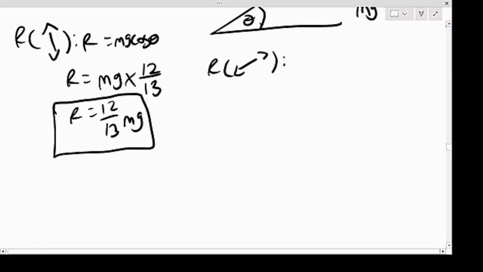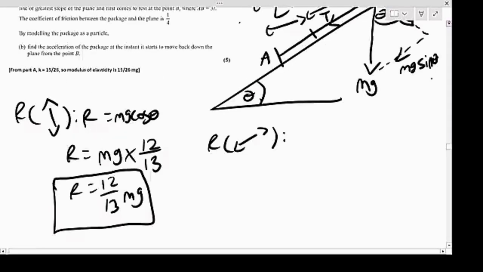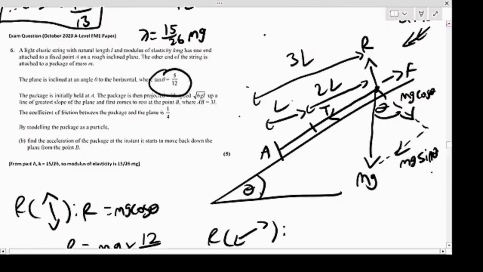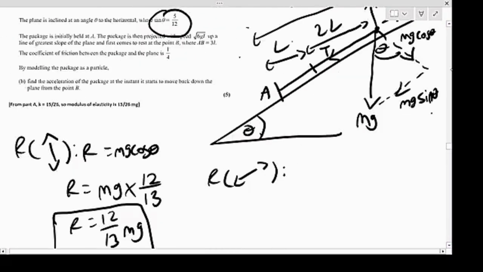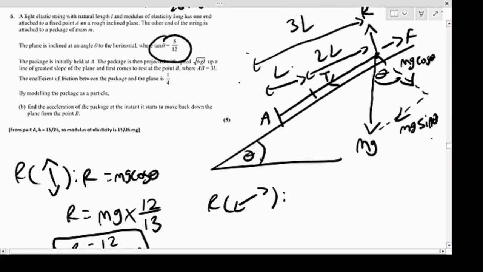Then we're also going to look across the slope, so up and down the slope. Well, firstly, the acceleration is downward, so let's treat down the slope as the direction we want to look in. So firstly, the downward forces. Well, firstly, we've got my tension T, and we've also got this mg sine theta here.